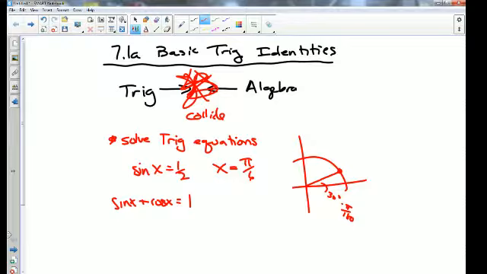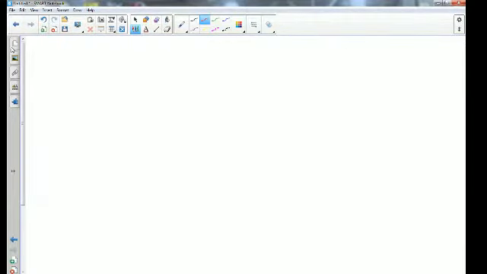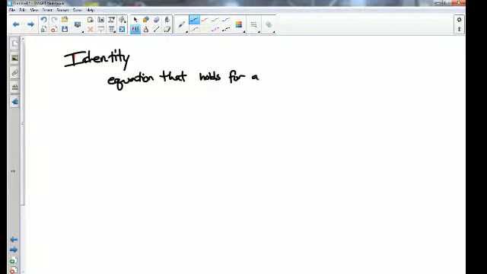Okay, so the first thing you need to know is what is an identity? An identity is an equation that holds for all values of x. Here's an algebraic identity.